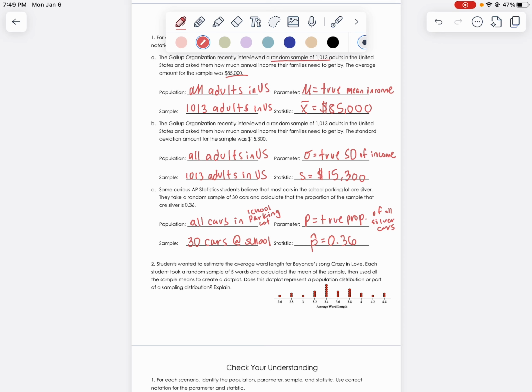So remember, the population distribution just has all of the elements in the whole population. So if we're talking about the word length for Beyonce songs, population distribution, each dot would be the word length for one word in the song. But that's not what we have here. We have a class who all took samples of 5 and calculated the mean for that sample and put them all together. So this is what we call a sampling distribution.